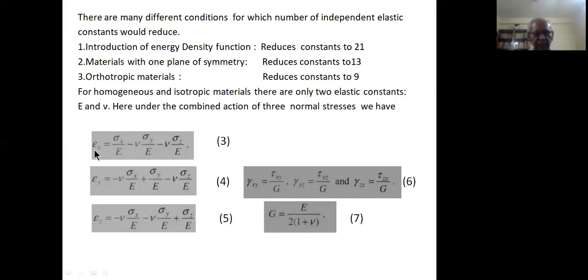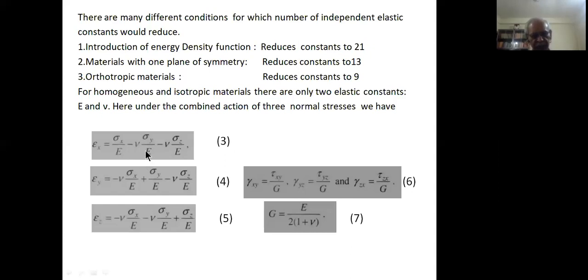We can write epsilon x is equal to sigma x by E, which is quite obvious, minus the effect of sigma y and sigma z, multiplied by nu, because if you pull a body in x direction, only sigma x will contribute to the stretching.